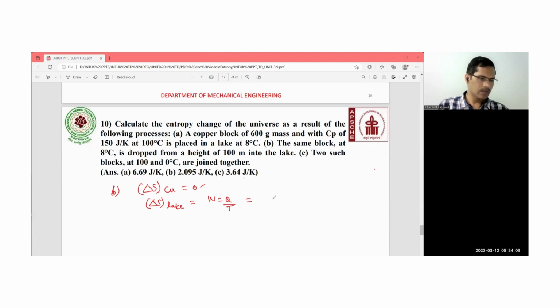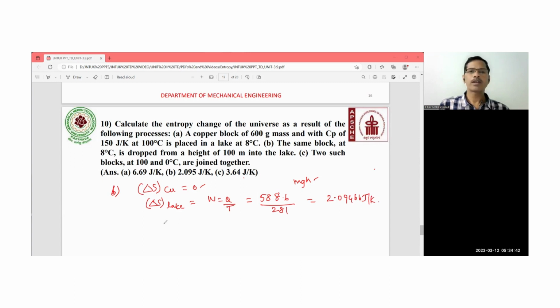That Q value is mgh. The potential energy will be converted to heat energy. So you will get that value as 588.6 divided by the temperature of the lake, 281. So it is 2.09466 joule per Kelvin.